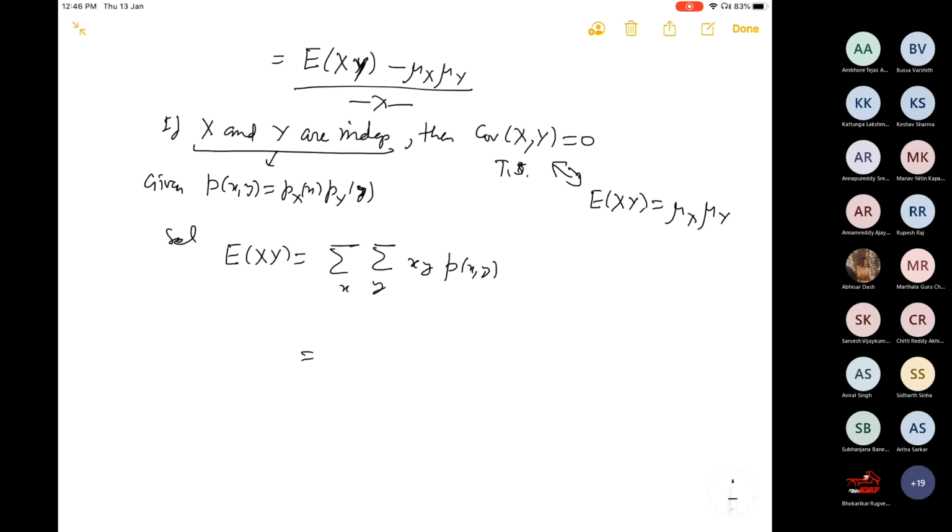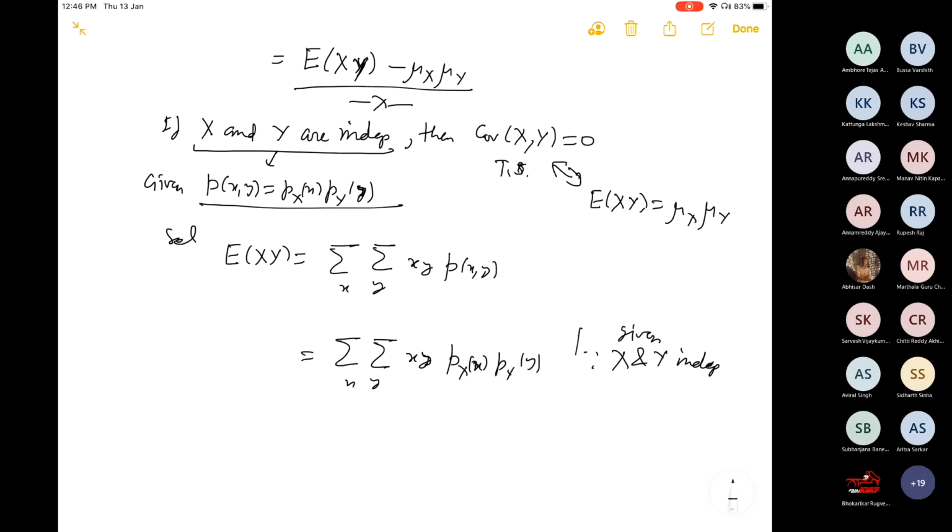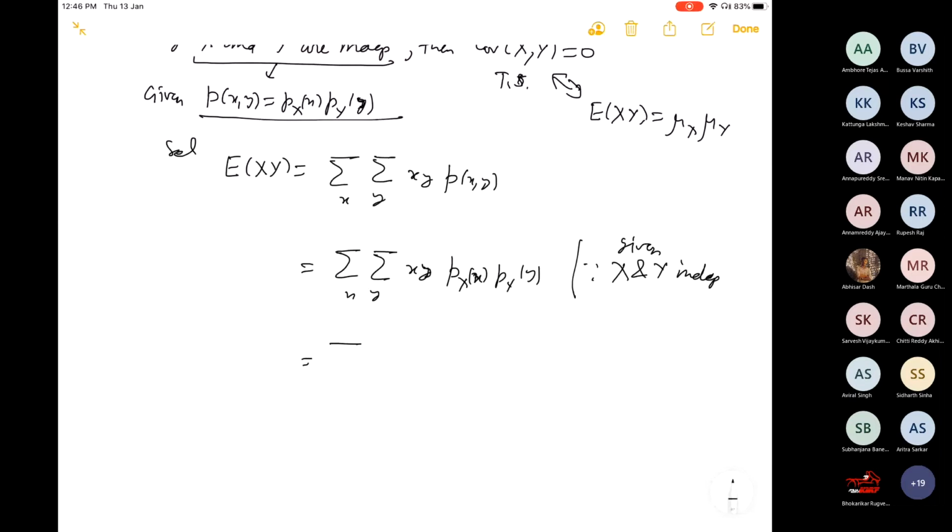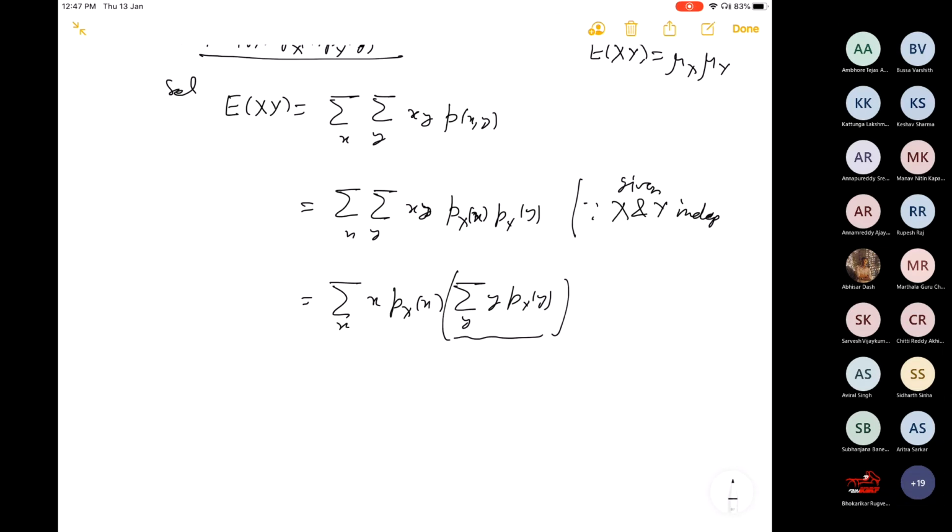We are given that they are independent, so this is px(x) py(y). So this will be summation x px times summation y py; taking this as common, summation of y py is the mean of y, which comes outside, and what remains inside is the mean of x.